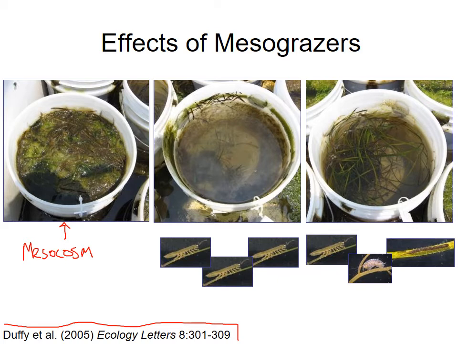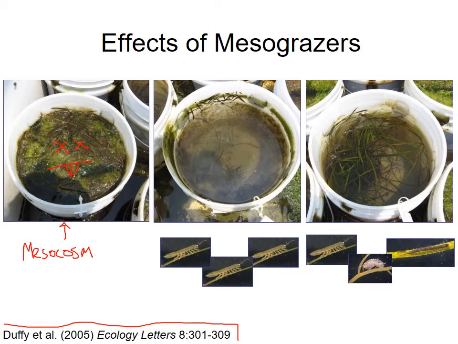And over just a period of a couple weeks, it became totally full of gross algae, and most of the seagrass died. So this was a really bad situation, and this bucket had no mesograzers in it. So we didn't add any extra nutrients or anything to this bucket. It's just that without mesograzers, it very quickly became smothered by an excessive growth of algae, and everything died.